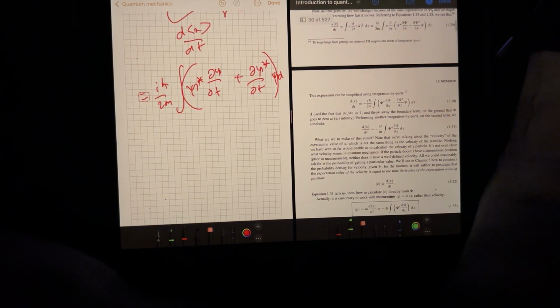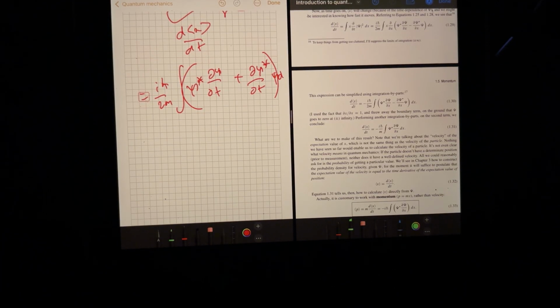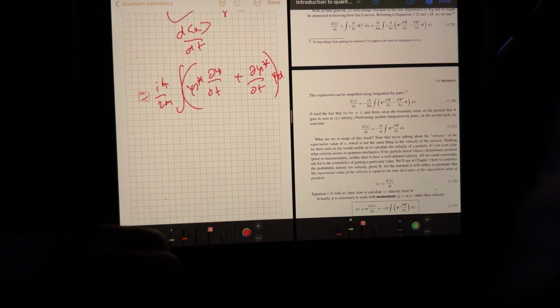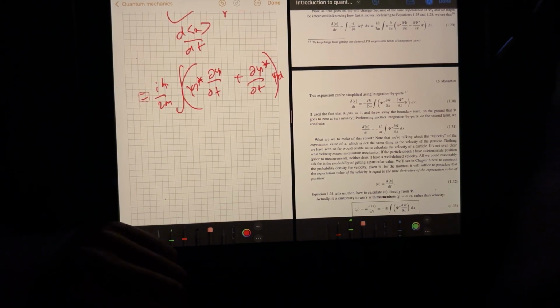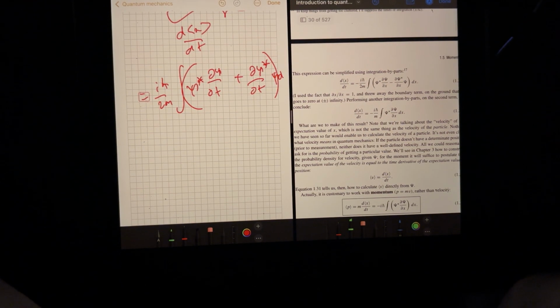So d expectation value of x by dt is equal to minus iħ. Finally, d expectation value of x by dt is equal to minus iħ/2m, that integration there. But why is it minus?